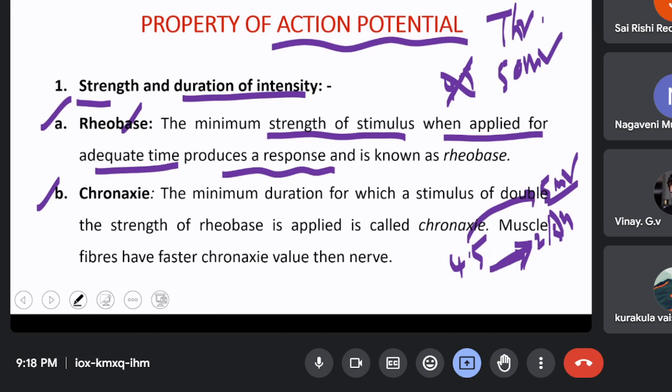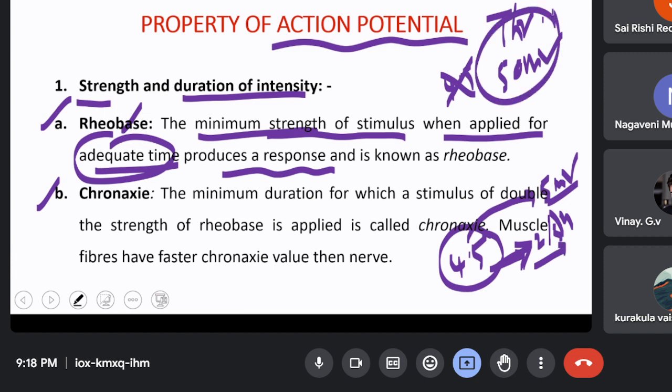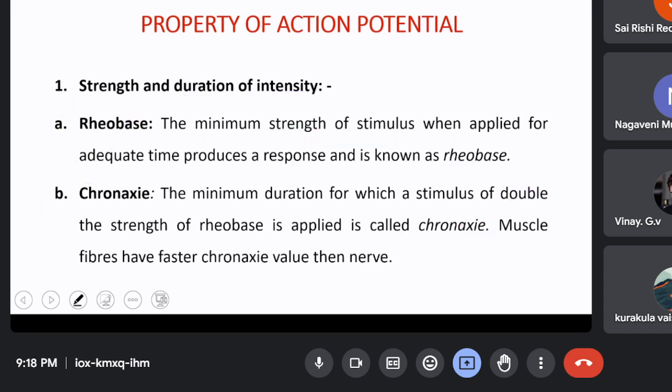So the minimum strength of stimulus, when applied for enough time so that it reaches the threshold stimulus to produce a response, is known as rheobase. So rheobase is related to the stimulus given for a particular time.